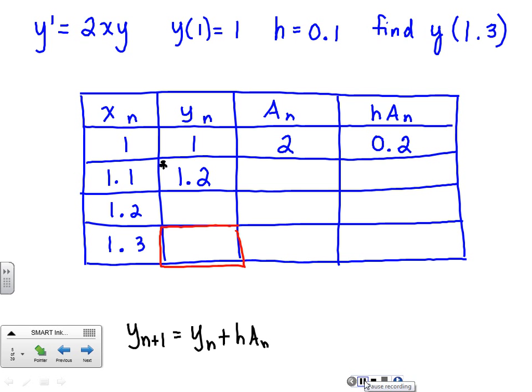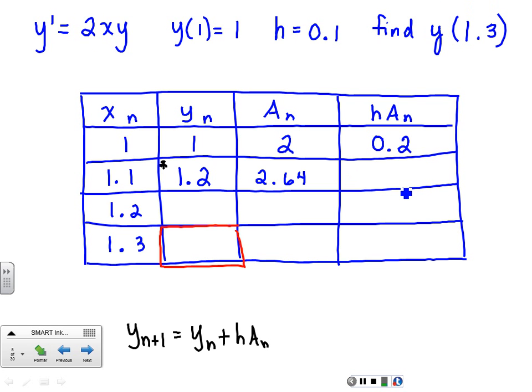Okay, now that I got my calculator here, let's see here. A sub n on the next level, this next blank. A sub n, I'm going to use the next x and y, the new x and y to plug into my original differential equation. 2 times x times y. 2 times 1.1 times 1.2. And I got 2.64. Multiply 2.64 then times the step size.